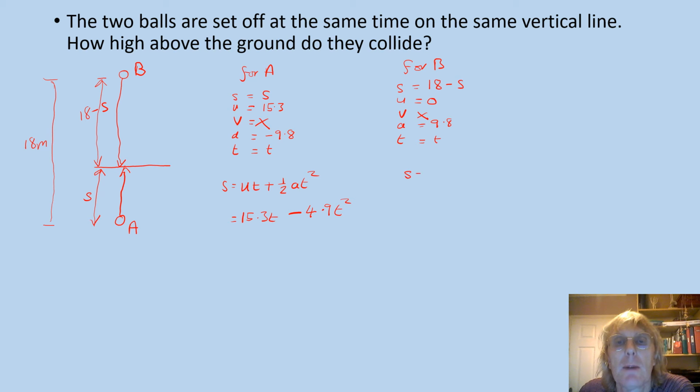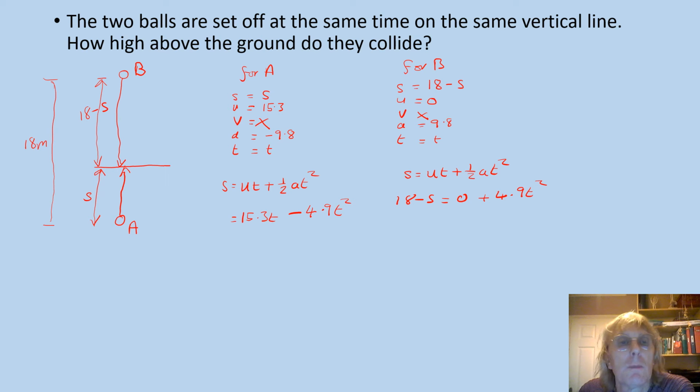So we're going to use this again. We've got S equals UT plus a half AT squared. So this time we've got 18 minus S equals, well, UT is 0, and we got half of AT squared, so we've got plus 4.9T squared.